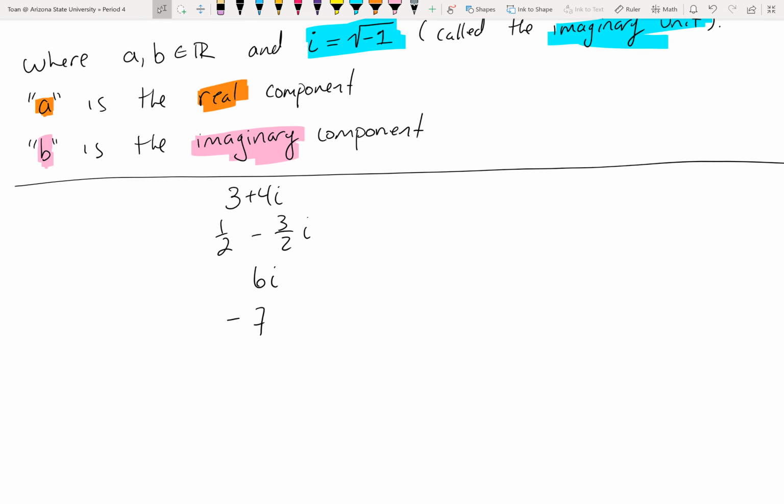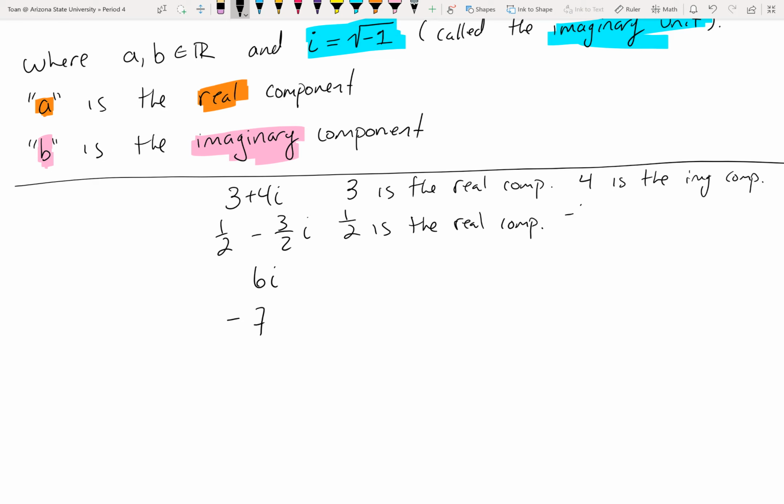In the first example, I would say 3 is the real component, and 4, just the 4, not the 4i, is the imaginary component. In the second example, 1/2 is the real component, and therefore -3/2 is the imaginary component.